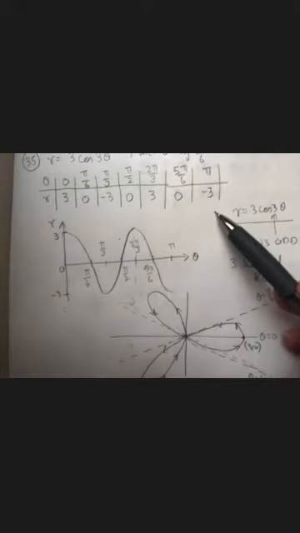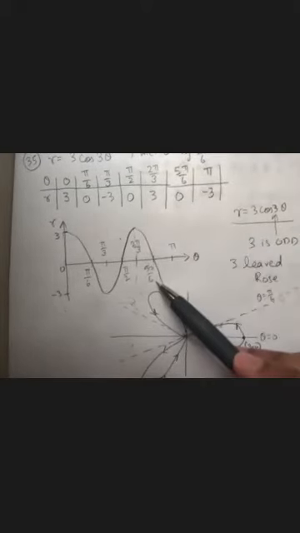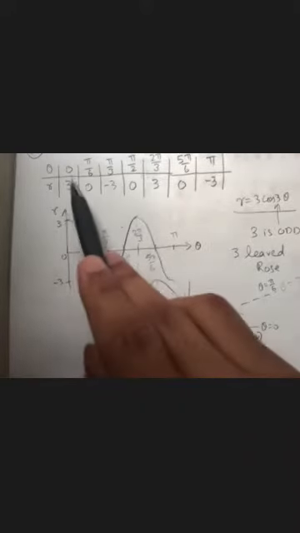So that's a 3-leaf rose. The most important part: first, draw this table, then draw the graph, and then you know this is a cos and it's odd, so it's an odd-leafed rose. Then try to draw it, but it should follow this table. When theta is 0, we start with 3.